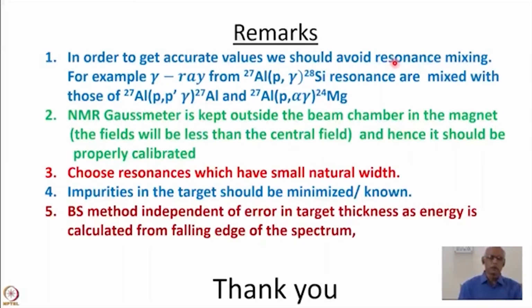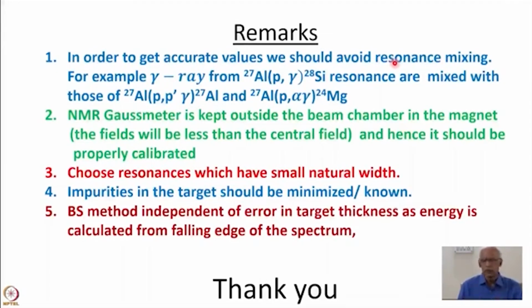Another point is that this NMR Gauss meter normally is kept outside the central portion of the beam chamber. Because the beam chamber inside is vacuum, there are ways to put it inside, but normally it is put outside in the magnet.